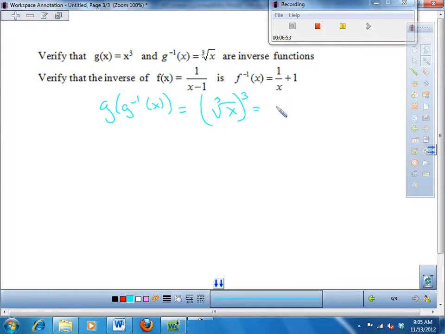X. Okay? And then you not only need to do that, but you need to plug g of x into the inverse. So that means take x cubed and plug it into this function, which is the cube root of x. Now what's that equal to? X. So since those are both equal to x, that verifies that those are inverses of each other.